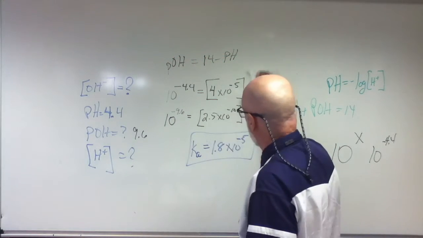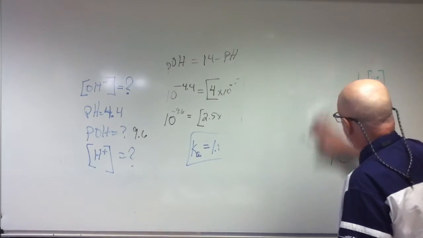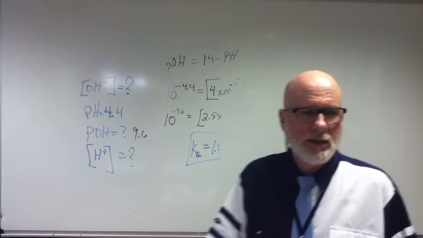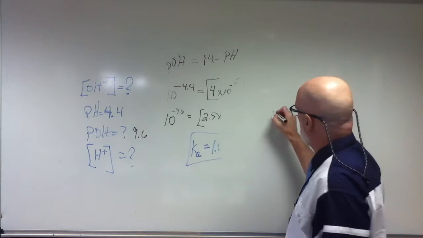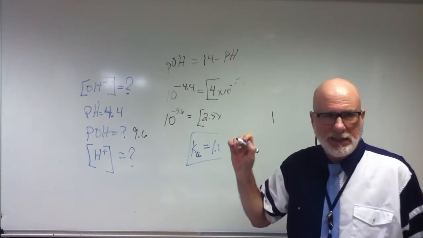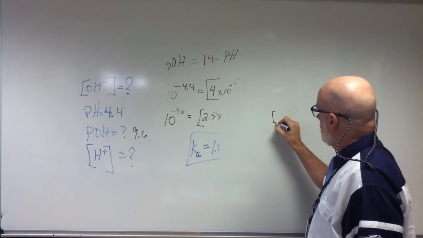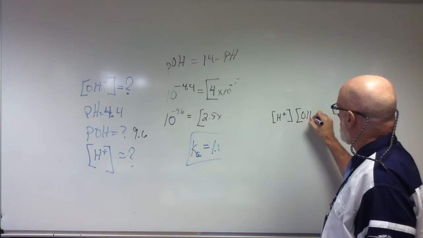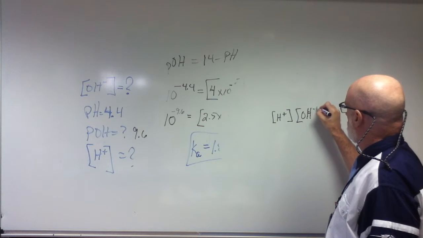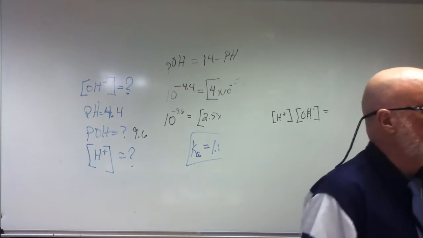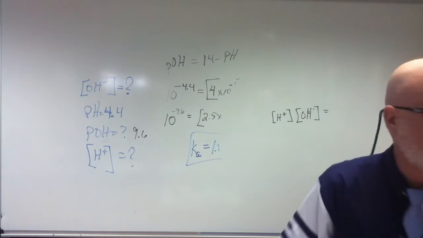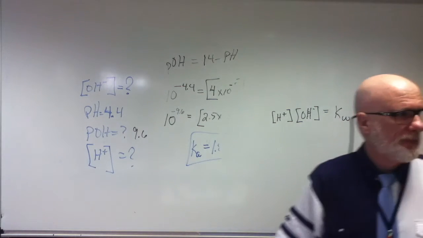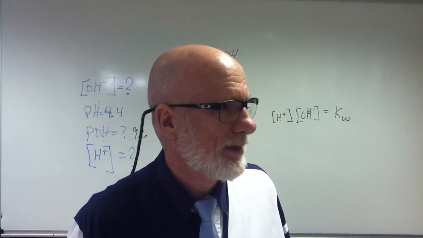What I left out was the pH times the pOH. It's not Kb times Ka, what it would be is the hydronium concentration times the hydroxide concentration, and that is going to equal Kw. And Kw equals 1 times 10 to the negative 14.